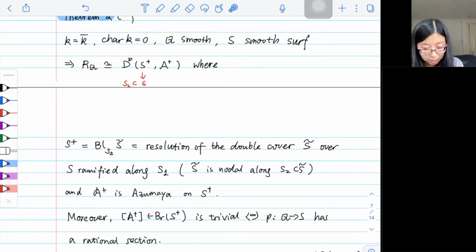Maybe one more thing is that usually when you talk about quadric bundles, you will have the question of rationality. So here, this A plus gives you a Brauer class on S plus, and this is trivial if and only if your bundle has a rational section.